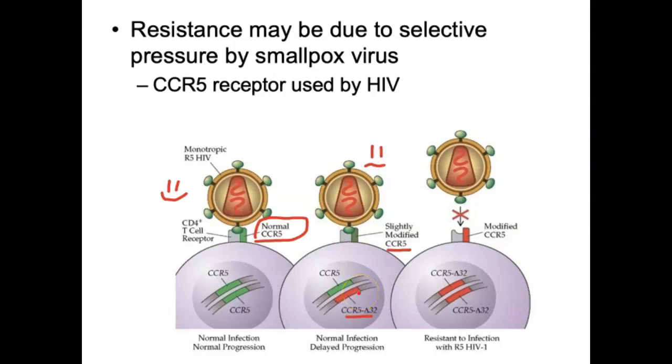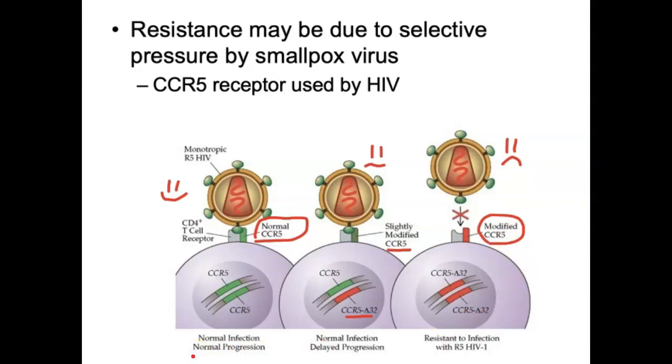It doesn't infect the normal route. Something's different. The third choice here, the third option, is people have this really modified CCR5 receptor. HIV cannot attach. It cannot recognize your host cell and actually attach to the host cell and get into the host cell.